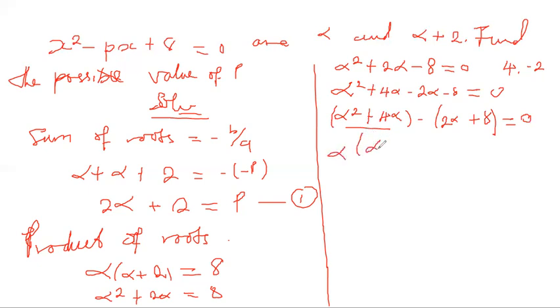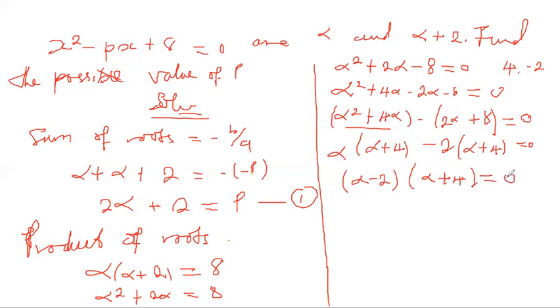Then we remain with alpha plus 4. Then we get another common factor in the second bracket, which is 2. We get alpha plus 4. And then here we shall have alpha minus 2 times alpha plus 4.